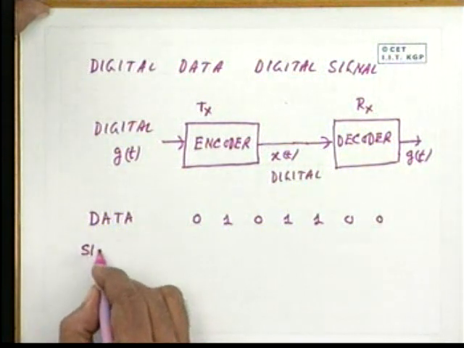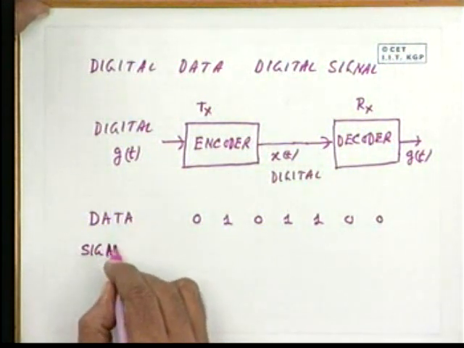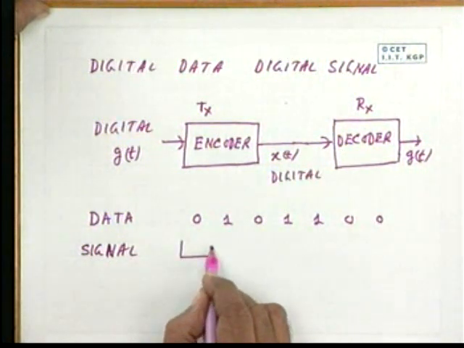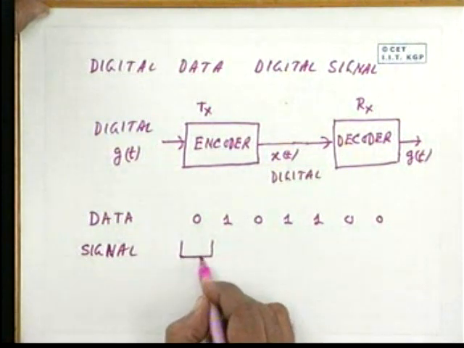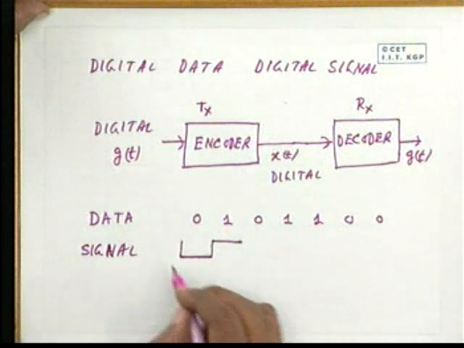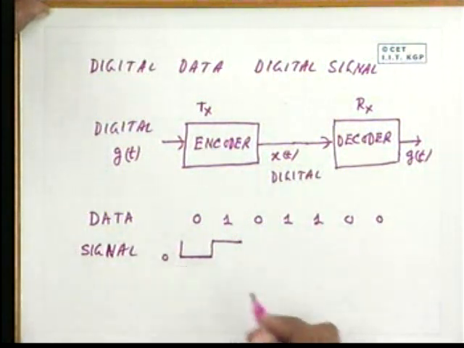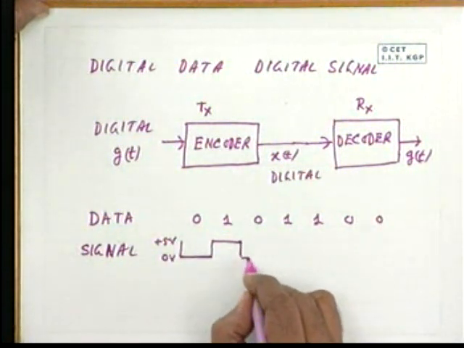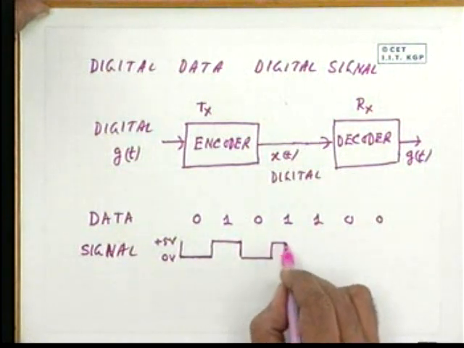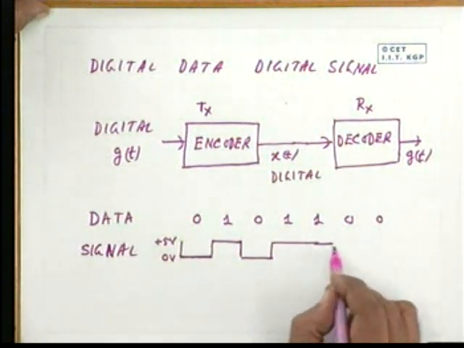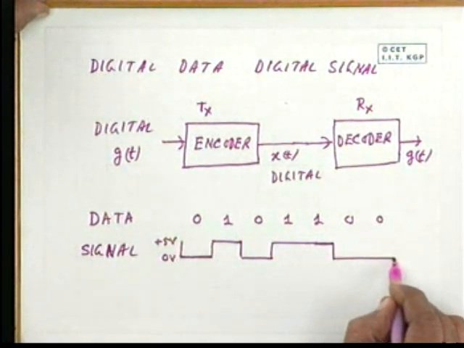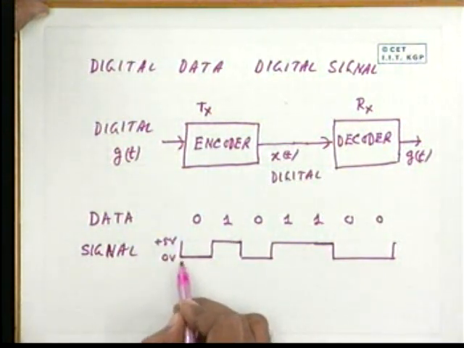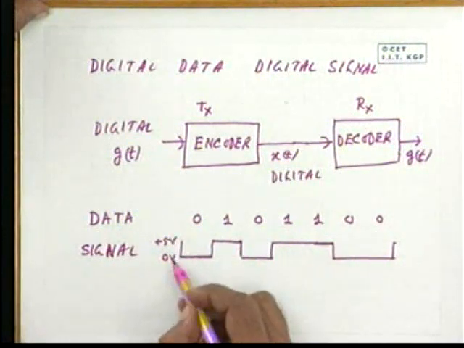Simplest possible representation in the form of signal, we can be, say it is low for 0, low level signal, and high for 1. In terms of voltage, it can be 0 volt and it can be, say, plus 5 volt. So this is low, again 0 volt, and high for 1, and again low for 0. So we see here this data is being mapped to signal, and this is the representation of the signal in terms of voltages.